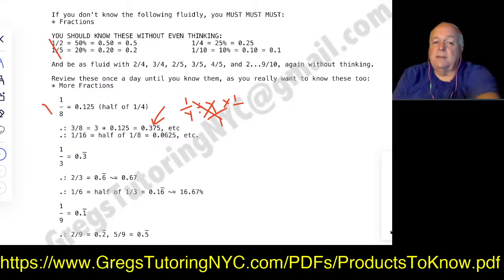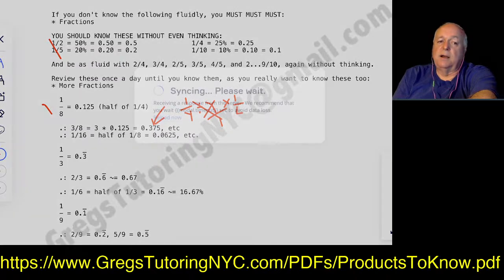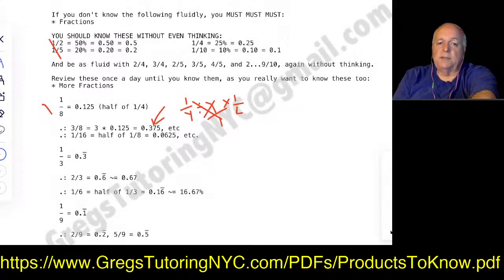So one way to maneuver yourself out of this is if you forget what an eighth is equal to, you can take this here, 0.25, and divide it by 2. Just remember that connectivity between the two of these, okay?